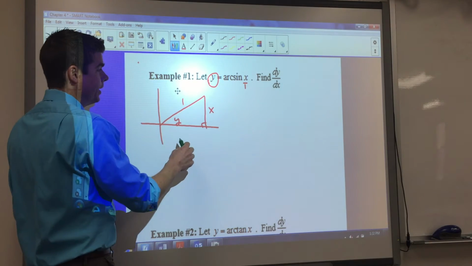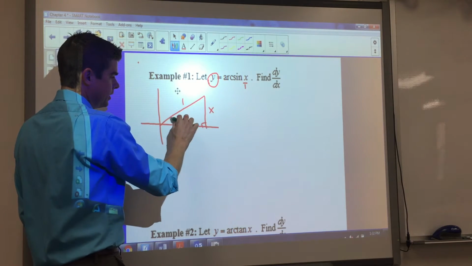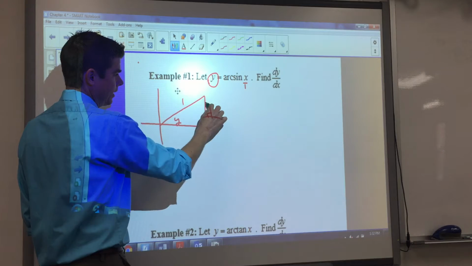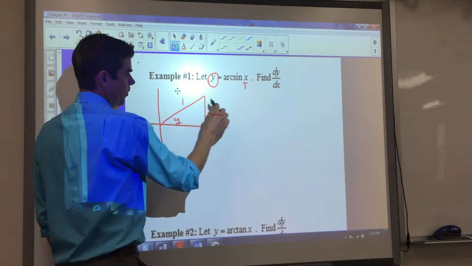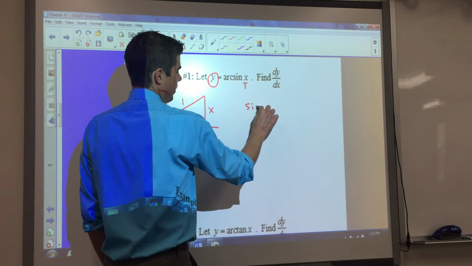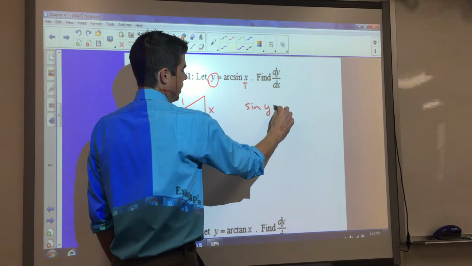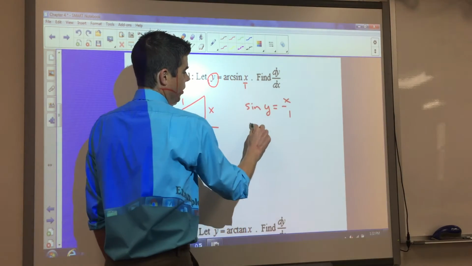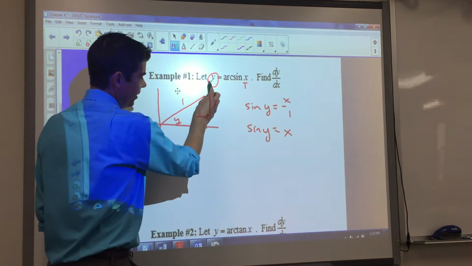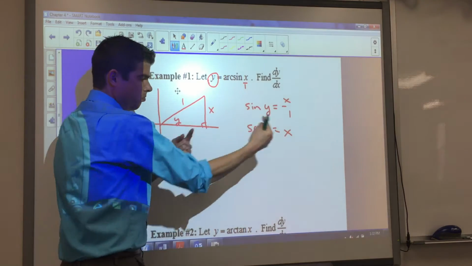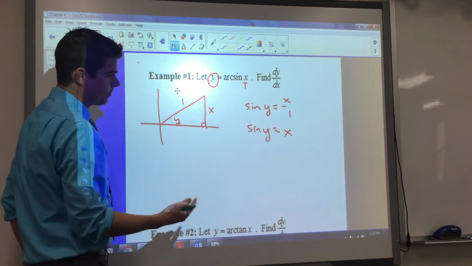So if this is side length 1 and this is side length x, the sine ratio, sine of y, is x over 1, or sine of y equals x. This and this are equivalent statements. It's just an inverse of it, if you will.